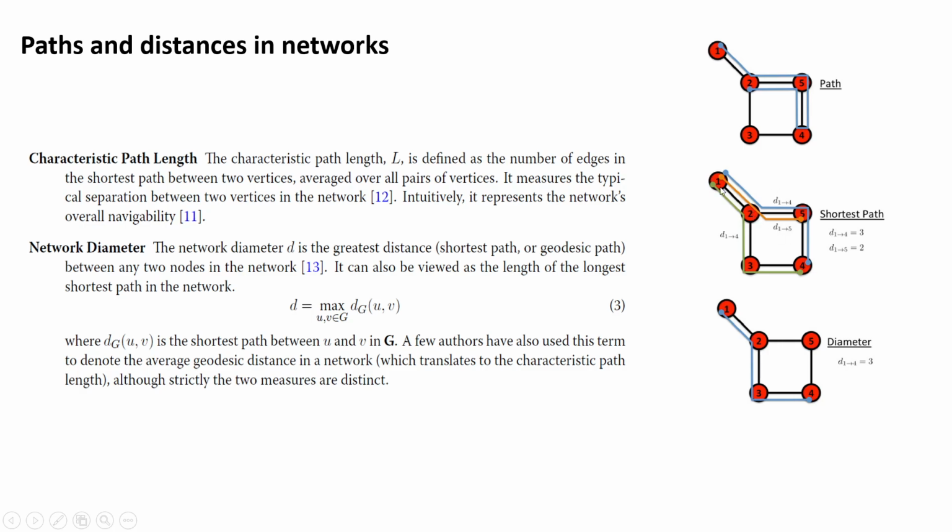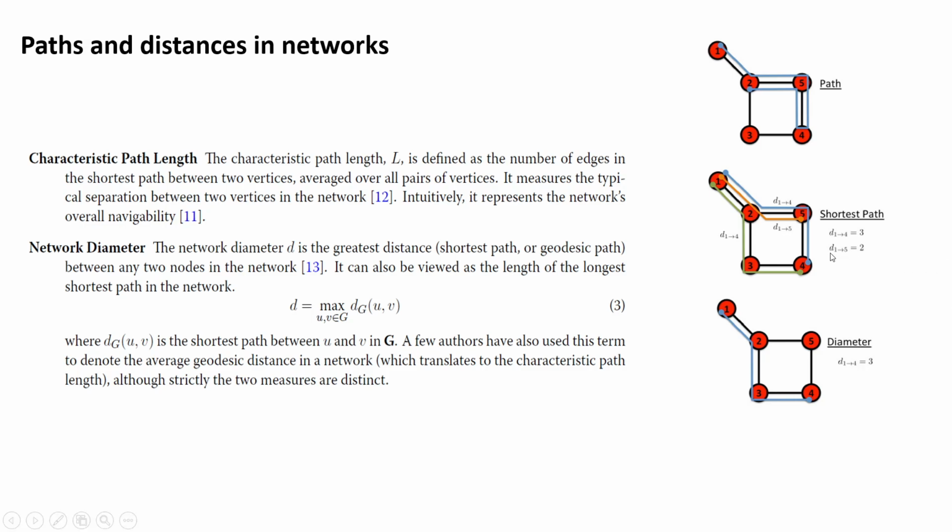This can also be 1, 2, 3, 4. This is a testament to the fact that the shortest path may not be unique. There can be multiple shortest paths from one node to another. The shortest path is not always unique, is what I'm trying to say.